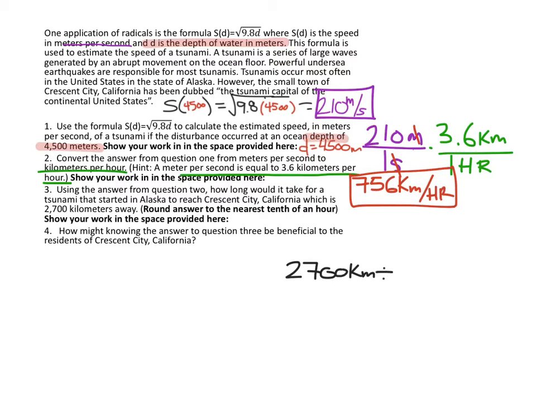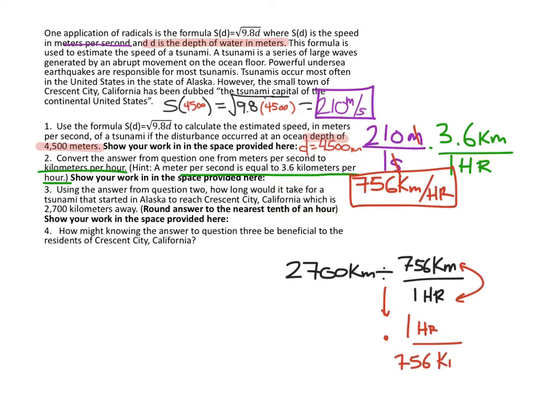and if I were to divide this by 756 kilometers per hour, this will tell me how long it's going to take, because we don't divide fractions like it's showing right there. We only multiply them, right? But if I do that, I've got to reciprocate the divisor right here. So that's 1 hour per 756 kilometers.